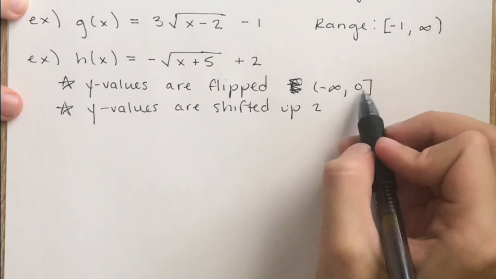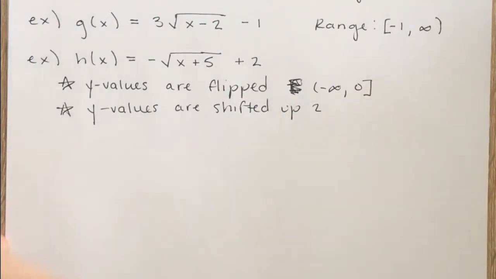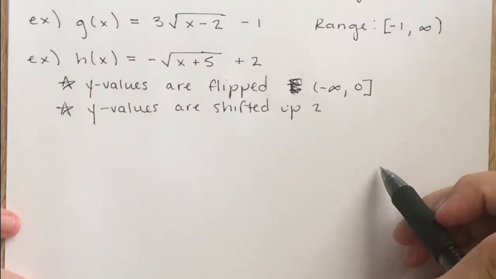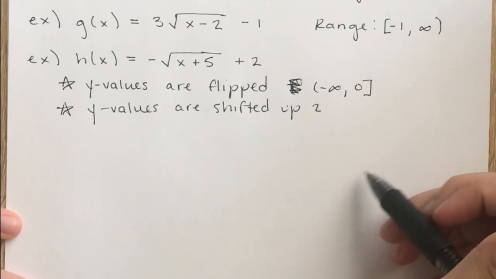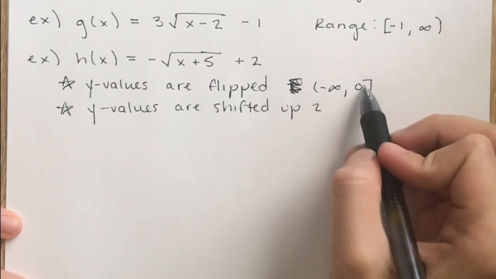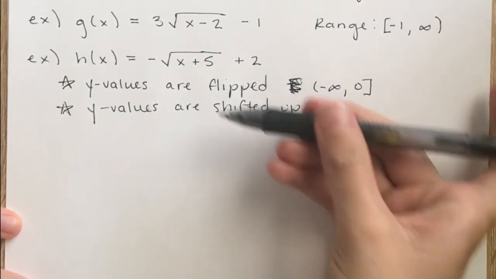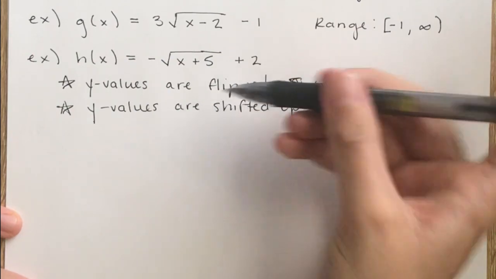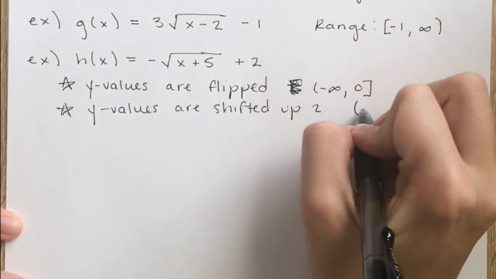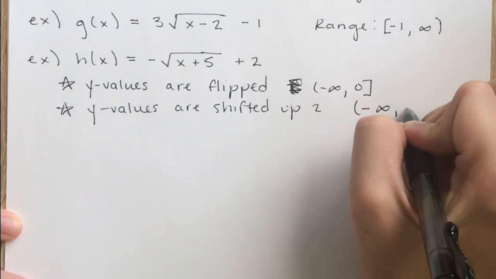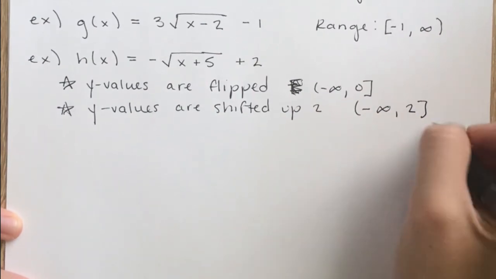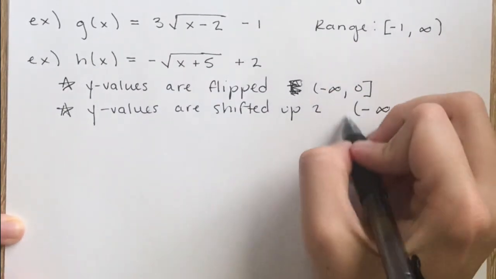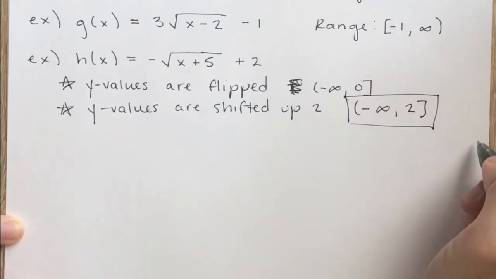So if I'm taking negative infinity to 0 and I'm shifting it up by 2, what's going on? Well, we ended at 0 before. We're moving 0 up to 2. So our range is negative infinity to 2. And that's all that's happening on the outside, so this is our final range.